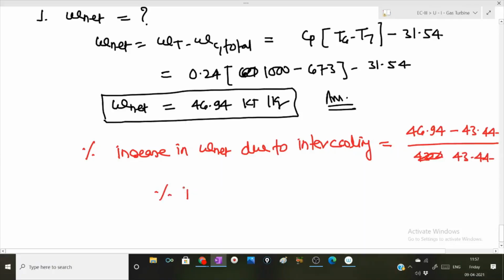So percentage increase, once again I can calculate this: 46.94 minus 43.44 divided by 43.44.